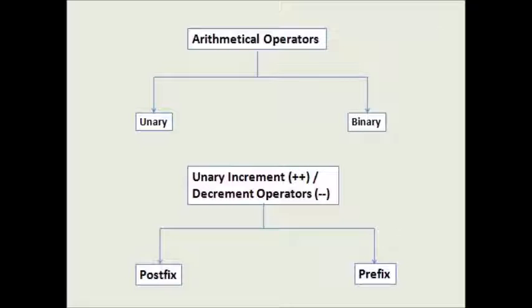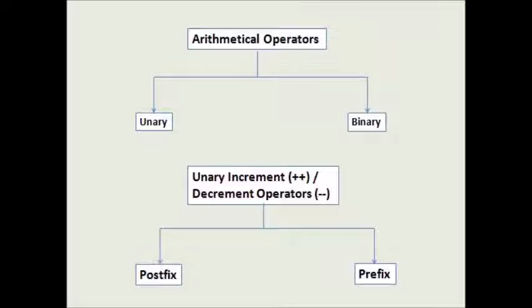The arithmetic operators are used to perform the mathematical operations. These are unary operators, binary operators. So the unary operators, which are used with the one operand, Java provides unary increment and the unary decrement operators to be used in two ways, as postfix or prefix.